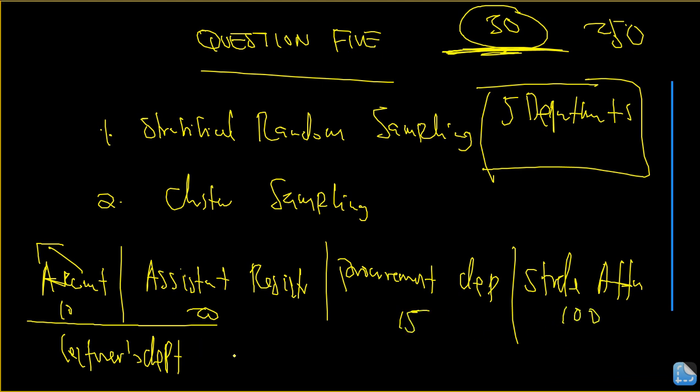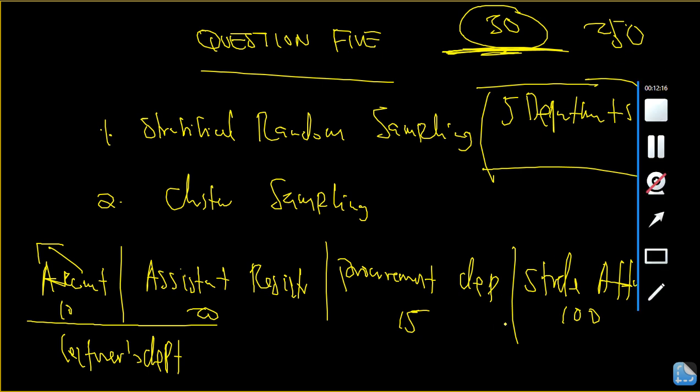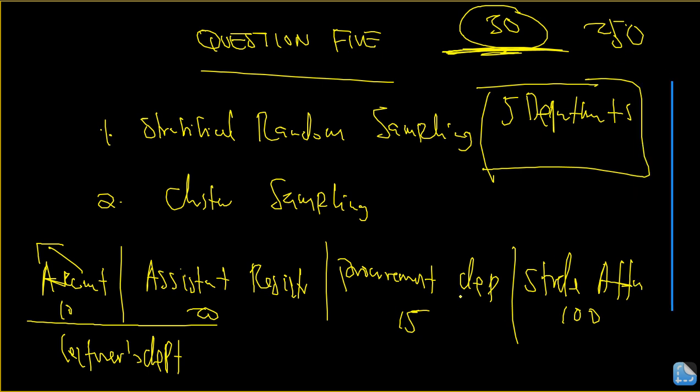So this is 100 plus 15, 115. Let's put it at 20, so that this number becomes 150, and then plus 100 in the lecturers department, so that we make the number 250. That is the population. These are your numbers in each of these departments.